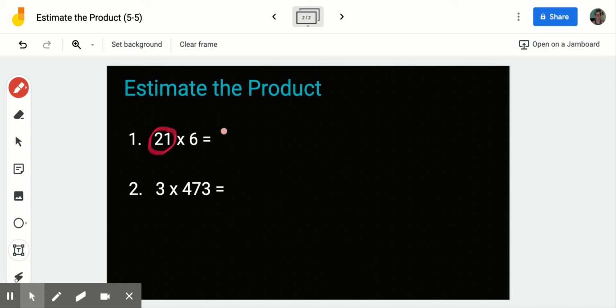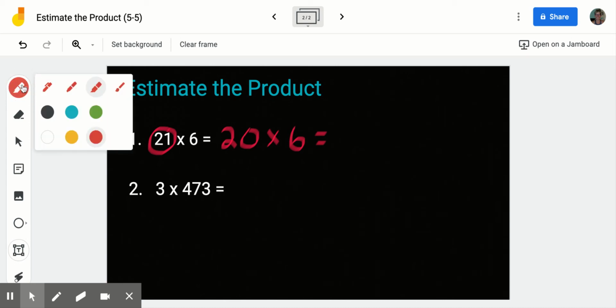So 21 is closer when I round it down to 20. And I'm going to multiply that by 6. And now to find the product, the answer, we're going to use what we worked on yesterday, which was looking for the basic fact.